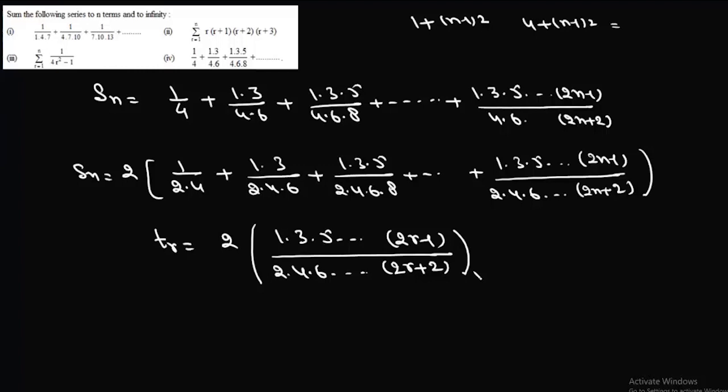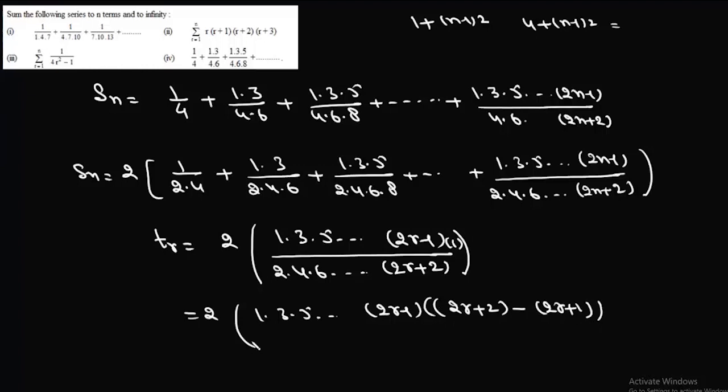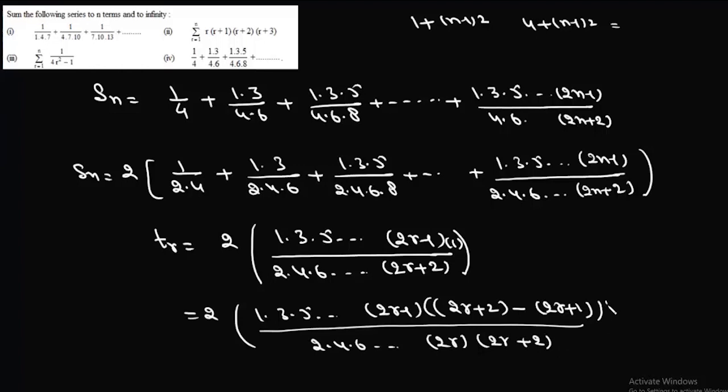So we have to introduce a minus b into this. So we'll write this as 1 here, and we can write this 2, and this is 1 into 3 into 5 up to 2r minus 1, and we can write this as 2r plus 2 minus 2r plus 1, whole divided by 2 into 4 into 6 up to 2r, and this is 2r plus 2.